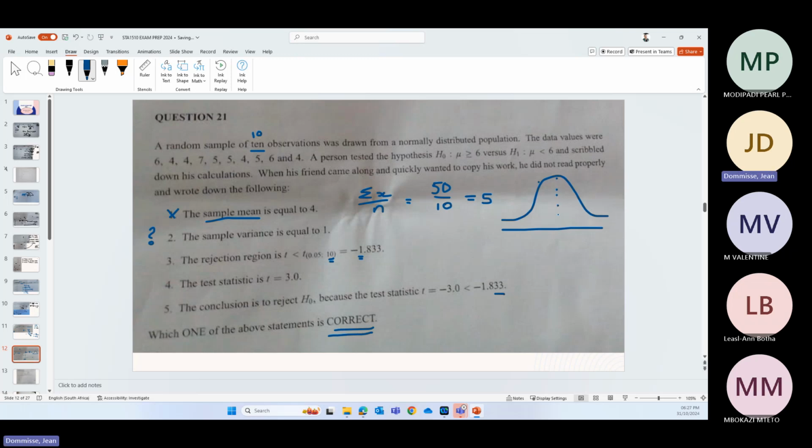So I'm going to just do it exactly the same, but your mean is bigger or equal to 6, so it would have been 5 minus 6, so that is negative.